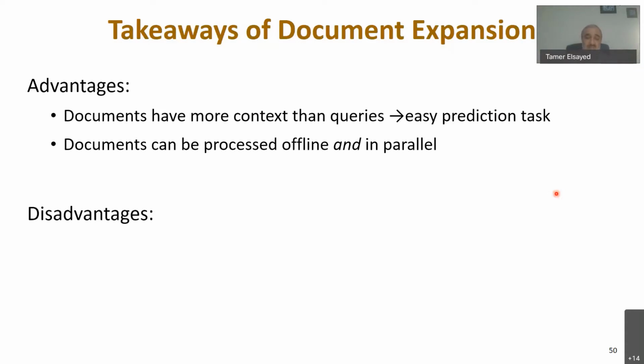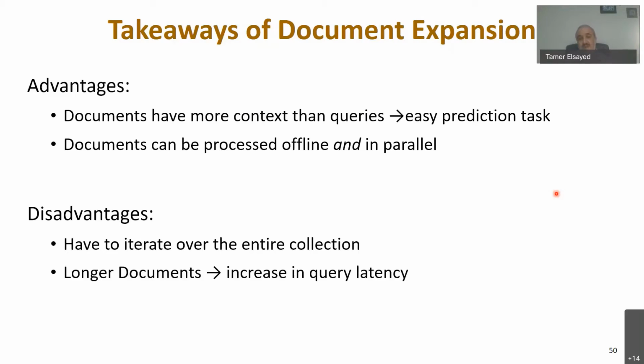The disadvantages: we have to iterate over the entire collection. Although it is offline, if we have a billion-document collection, it will take time and of course computing power, because we have to go through the entire collection. Also, with longer documents, remember that we are expanding the document, right?